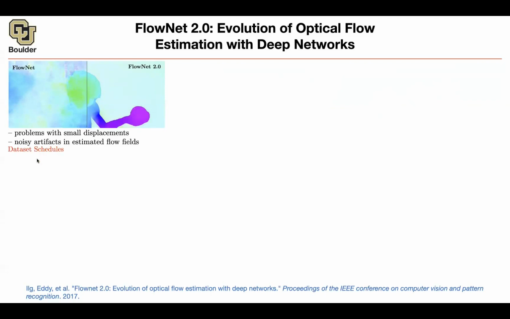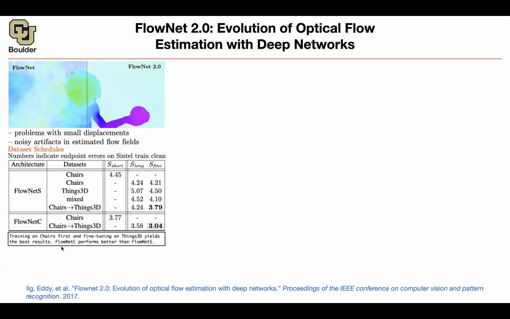If you study FlowNet more, you end up with two conclusions. One is that pre-training on Chairs and fine-tuning on another dataset, like Things3D, is going to help you a lot. Training for longer is also going to help a lot. The other one is that a better architecture also helps a lot.